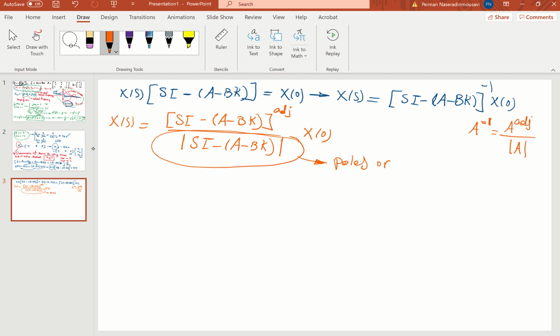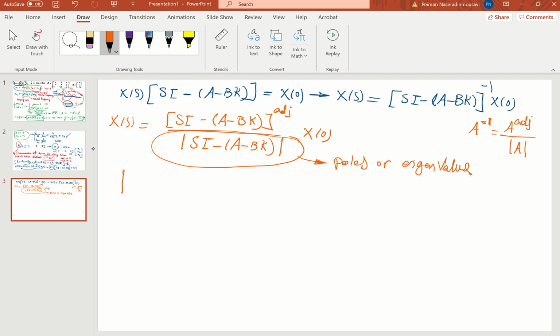Poles or eigenvalues. That's right. So this is very easy. The denominator gives you the poles, the eigenvalues of the system.